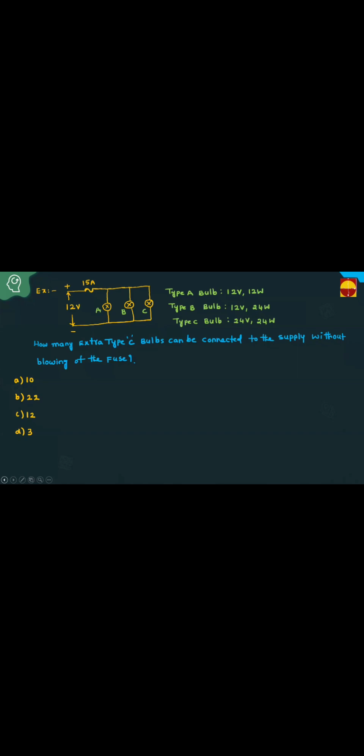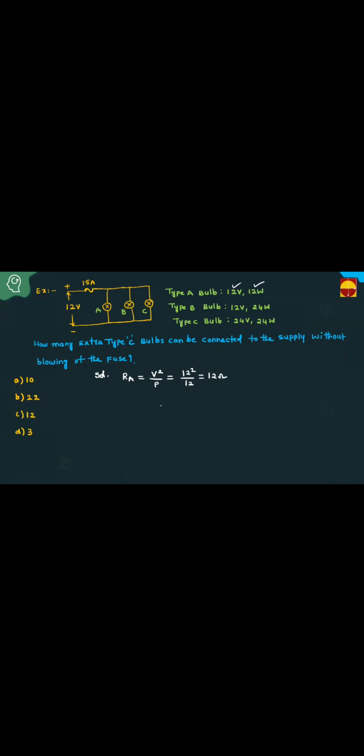We have to calculate the resistance of each bulb, students. Bulb A resistance is V square by P, that is 12 square by 12, which is 12 ohms.